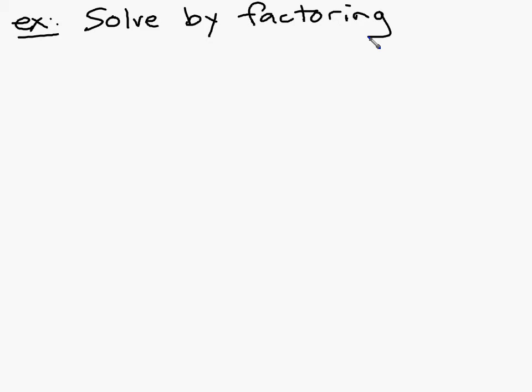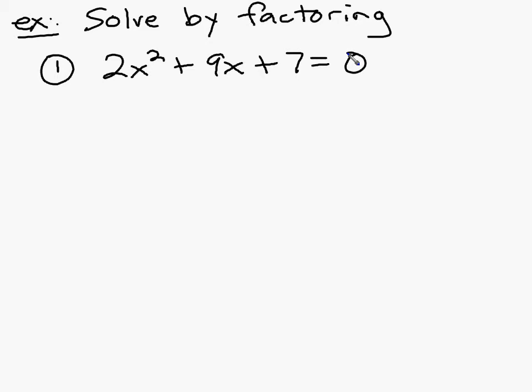So let's say that we have 2x squared plus 9x plus 7 equals 0. Now, I'm going to do some factoring problems where maybe we have to think a little bit more. Remember, anytime my a term is not 1, it's good to use the product sum method. So let's come over to the side.